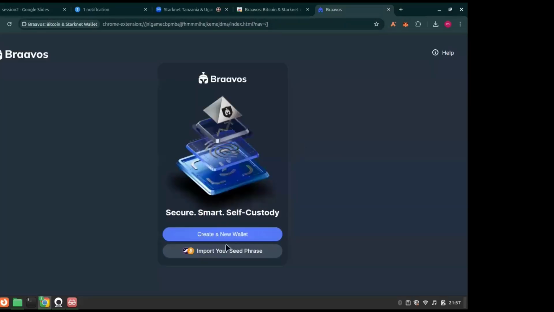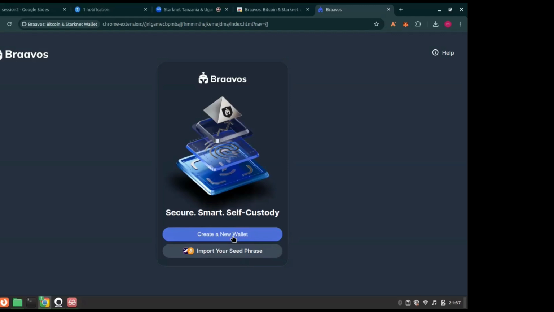So it's configuring. It's telling me create a new wallet or import your seed phrase. I want to create a new wallet. In case you already had a wallet, you don't need to recreate another.